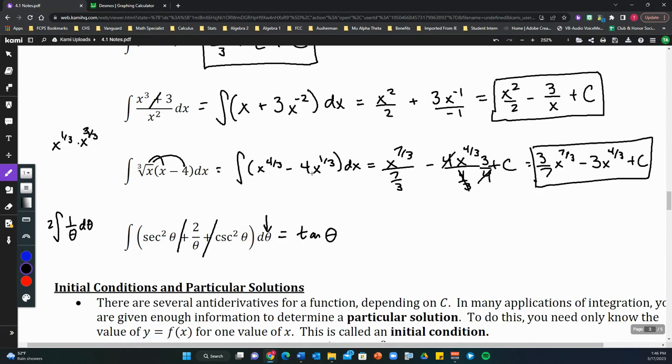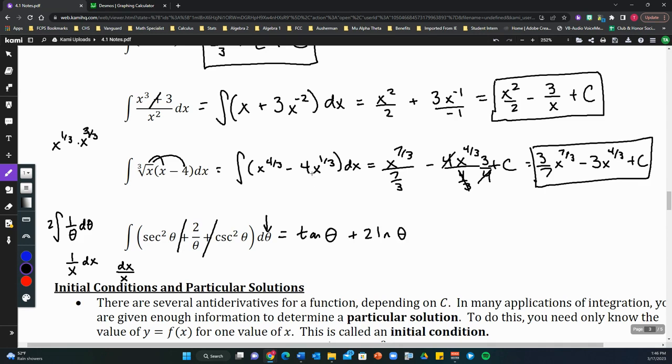And again, the thetas might be throwing you off, so maybe if you saw it as 1 over x times dx, or also we can write that as dx over x. All of these are telling you to use the natural log rule. So this is actually going to become plus 2 times the natural log of theta.